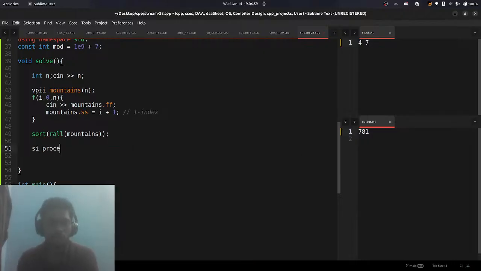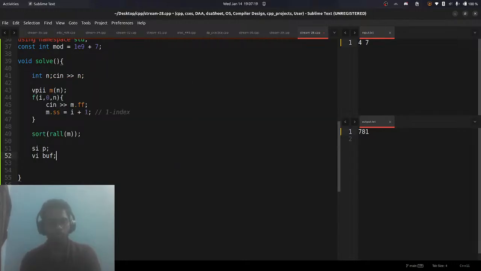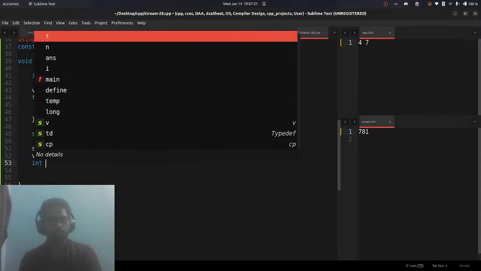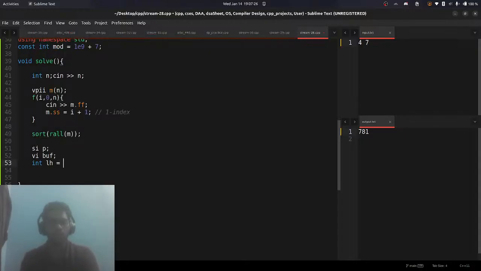So processed, so E mountain, I think M is sufficient. So P is there. I need also a buffer, so buffer, and also I need a last height. I will set it to, since we are doing maximum first, so I'll set it to the maximum here.